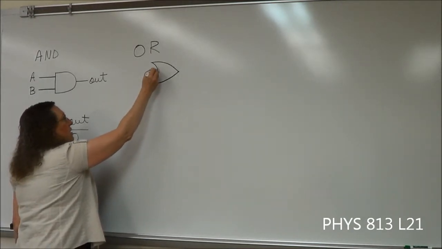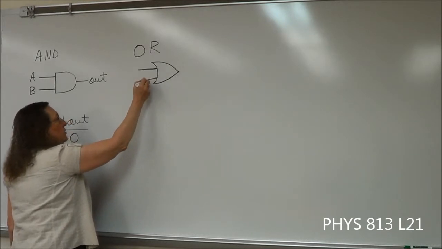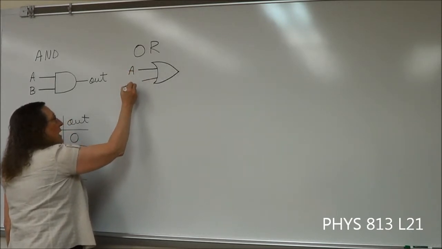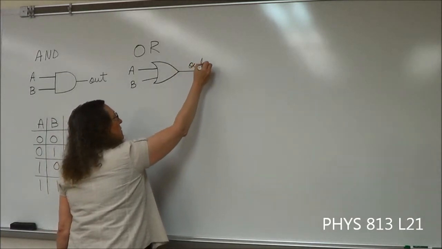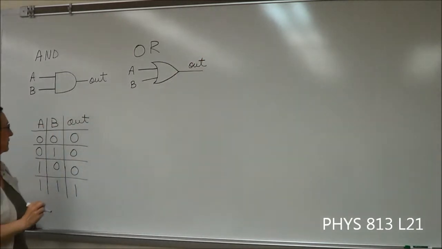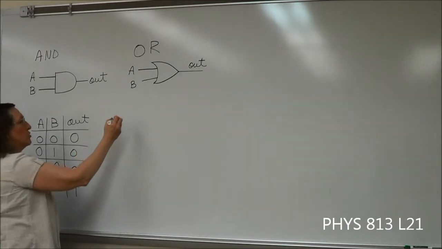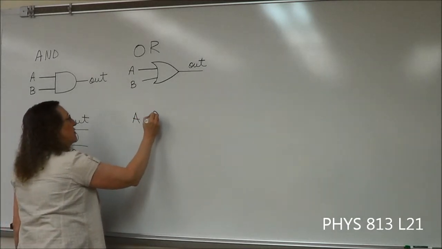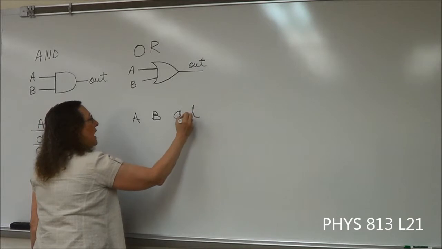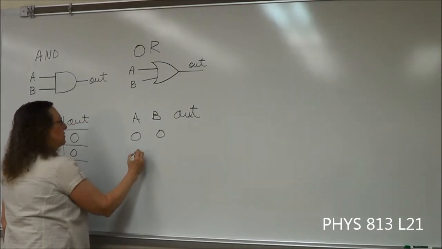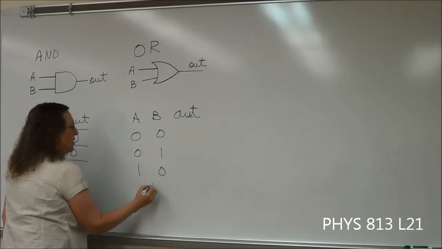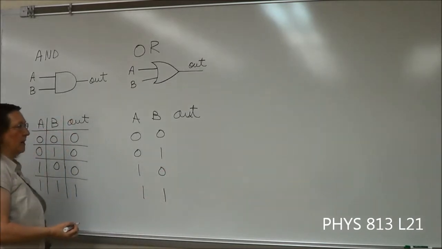Okay? So again, we have 2 inputs, an A and a B, and over here is our output. So our truth table is the same sort of thing, A, B, out, 0, 0, 0, 1, 1, 0, and 1, 1. Okay?